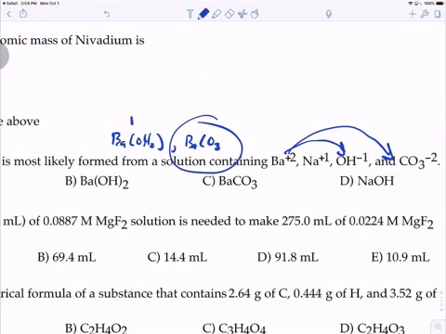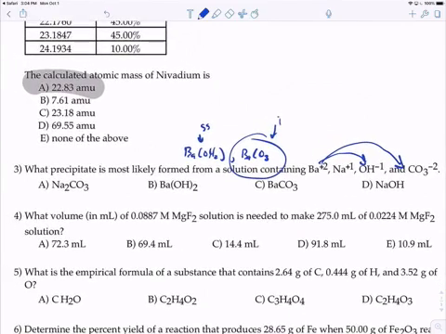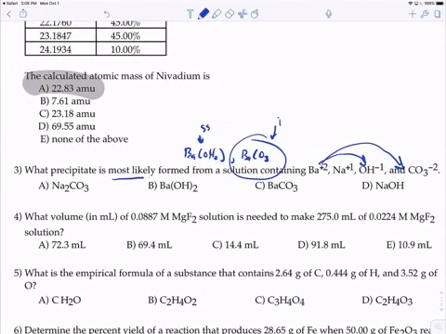Because remember, this is slightly soluble, and this is definitely insoluble. So the most likely formed. Barium hydroxide will probably also form, but it'll be mostly barium carbonate. Questions with that one? Again, you get the chart.